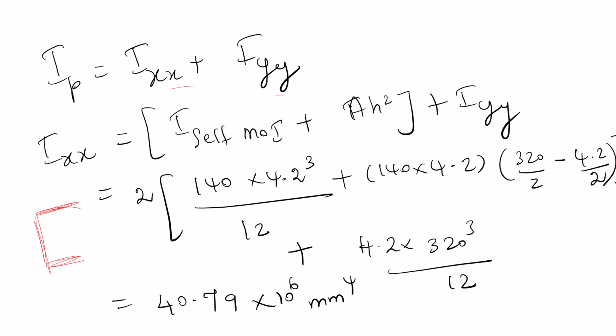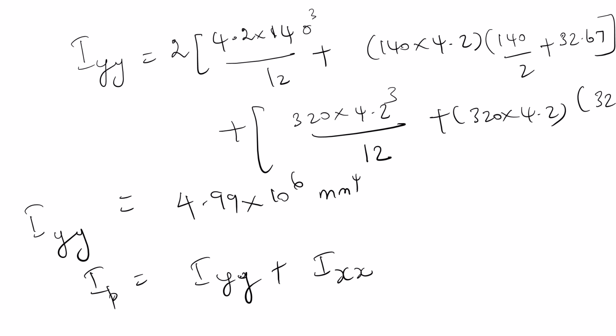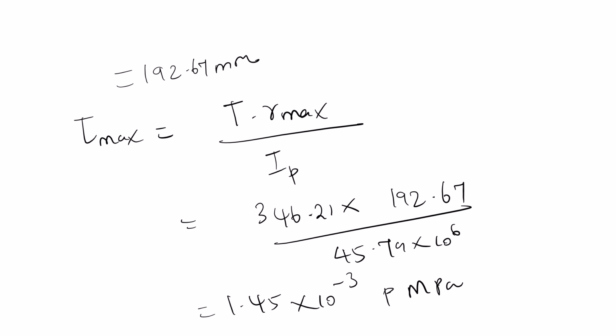This is 40.7 into 10 power 6 mm power 4. Similarly, you calculate Iyy about the yy axis. This is for the horizontal portion, plus A h square, and this is for the vertical portion, plus A h square. So this value is 4.99 into 10 power 6. So let me add these two values. Iyy plus Ixx will give the polar moment of inertia.